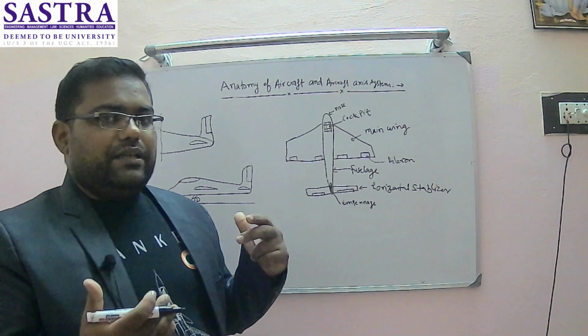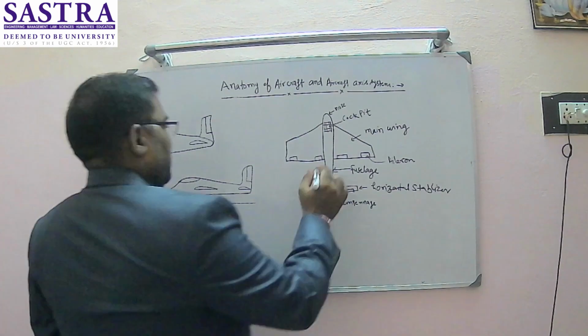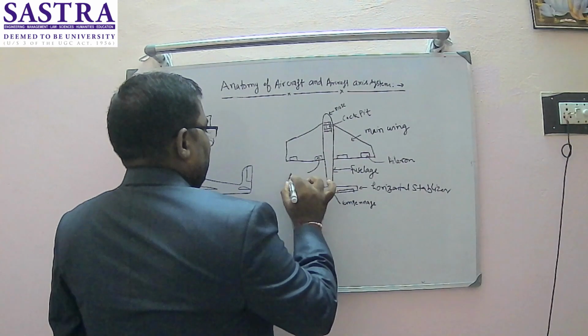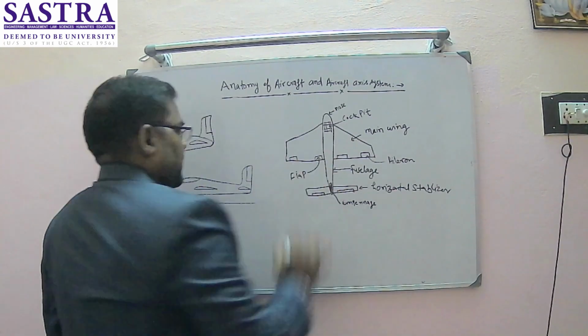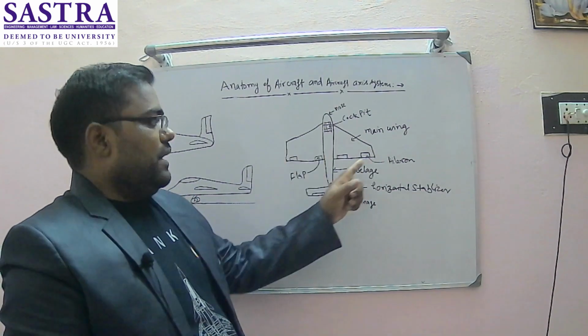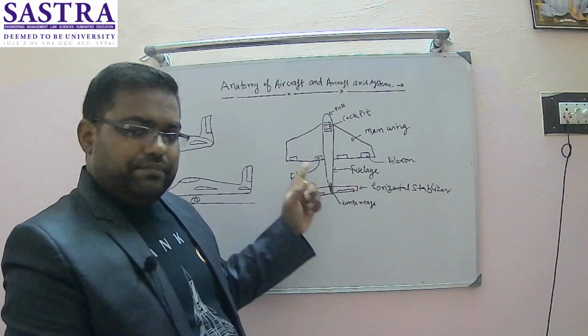First we will name them. So this is the aileron. The inner movable control surface is known as the flap. So we can say right wing and left wing, right aileron, right flap, left flap.